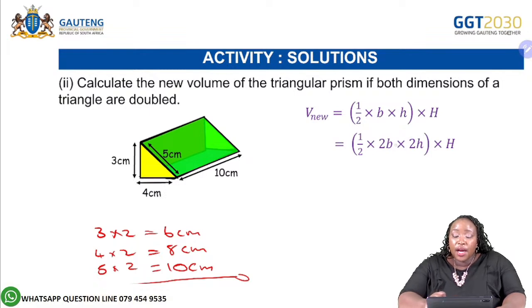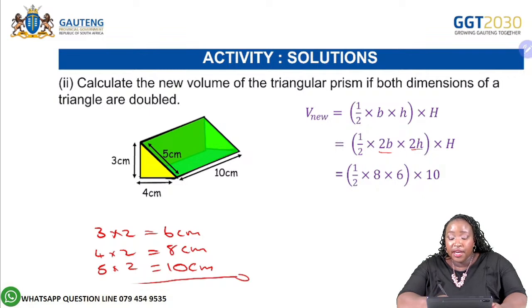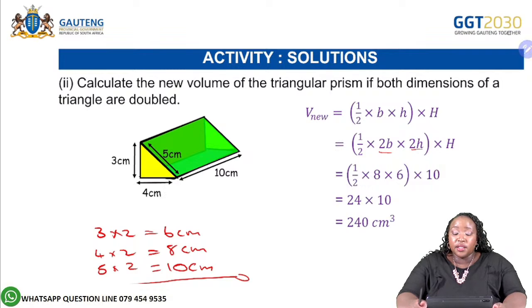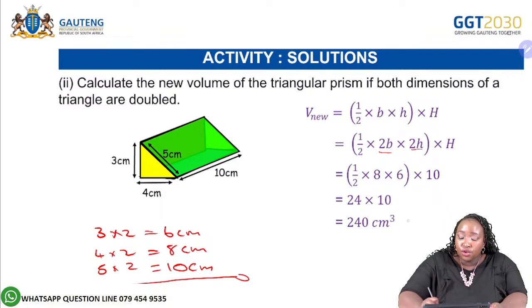Here I'm showing you how you could have incorporated the doubling, right? So you would substitute your 8 and your 6 there. So you have half times 8 times 6 multiplied by 10 there. And that gives you 24 times 10, and it's equal to 240 centimeters cubed, right? So this is what you should have gotten for this question.